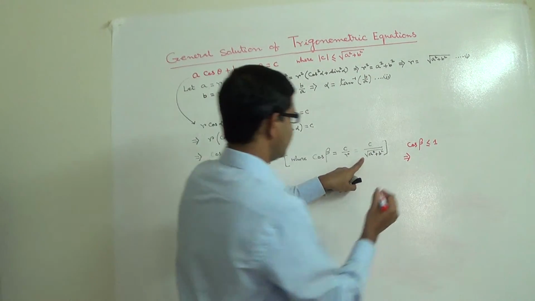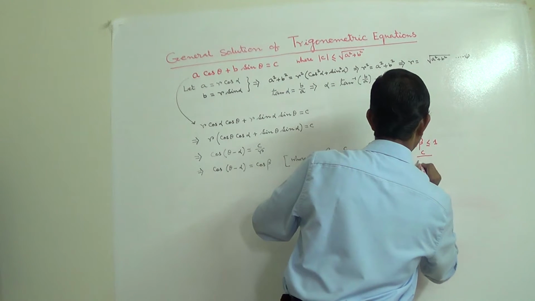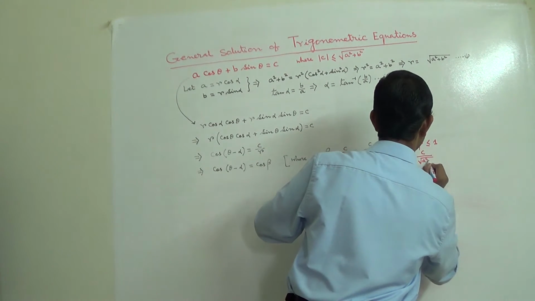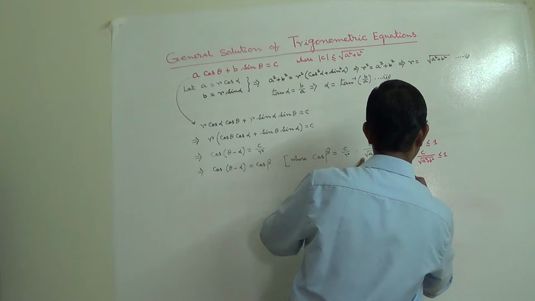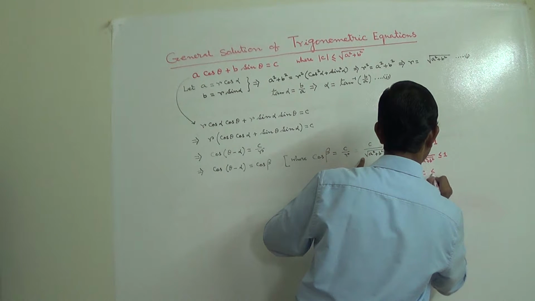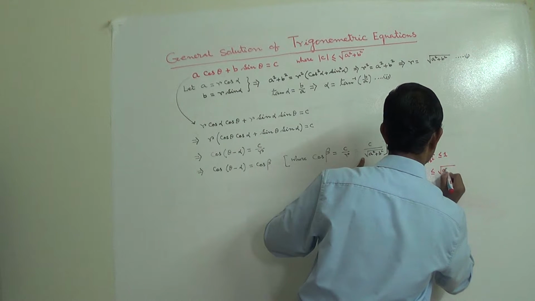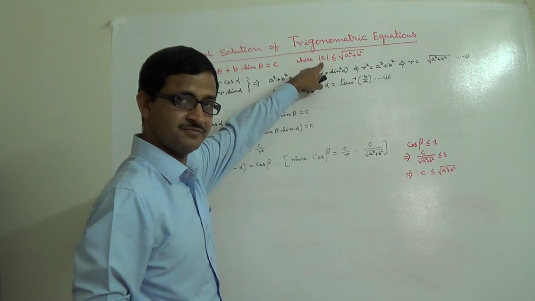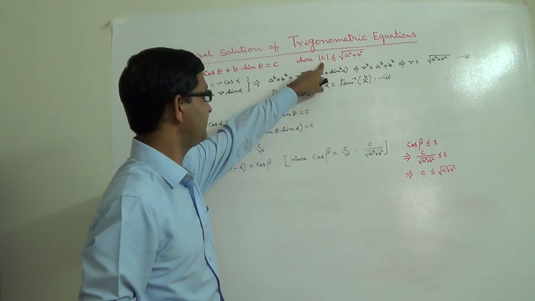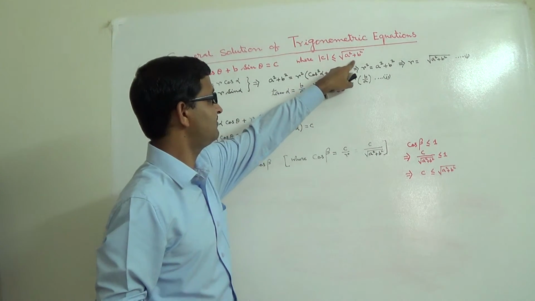Now that means C by root over of A square plus B square is less than or equal to 1. That implies mod C is less than or equal to root over of A square plus B square. So that is the condition. And why is it mod C? Because this value is positive.